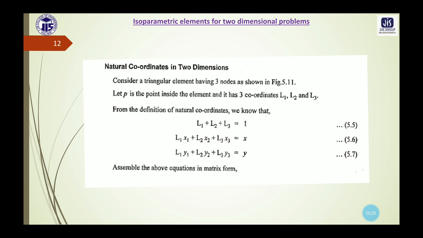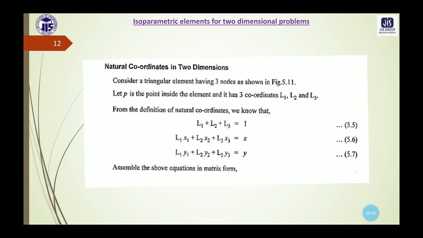Now this P is a point inside the element, and it has three coordinates L1, L2 and L3. From the definition of the natural coordinates, we know that L1 plus L2 plus L3 equals 1. Then L1x1 plus L2x2 plus L3x3 equals x.